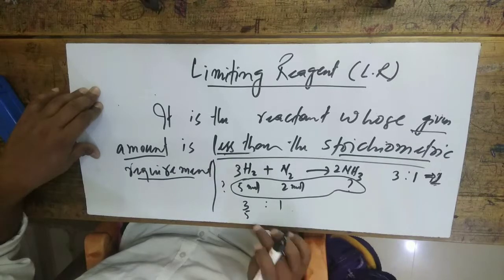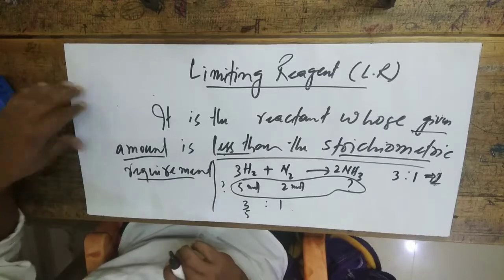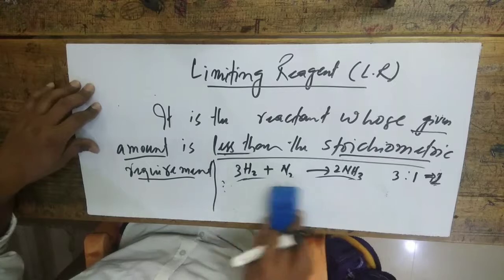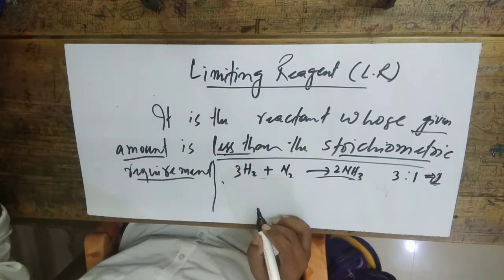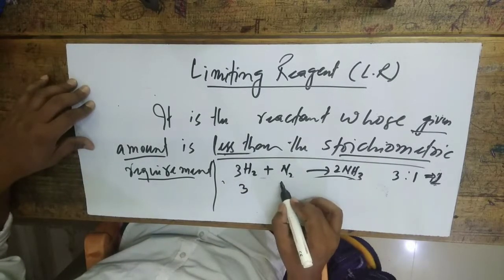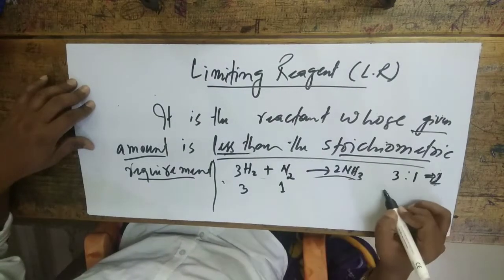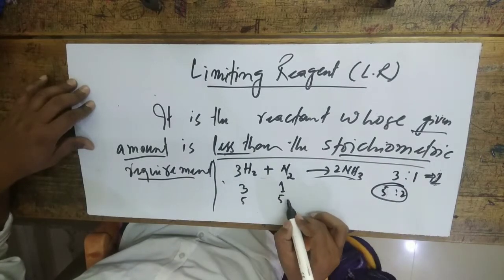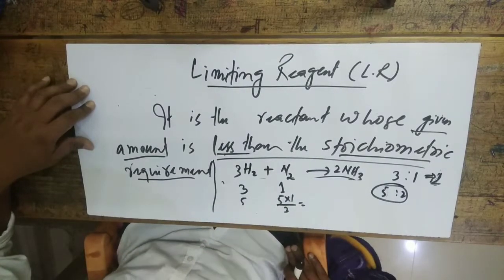What will be the mole of nitrogen required that will react with 5 mole of hydrogen? 3 mole of hydrogen will combine with 1 mole of nitrogen, but we are given 5 and 2. So 5 mole of hydrogen will require 5 into 1 divided by 3.